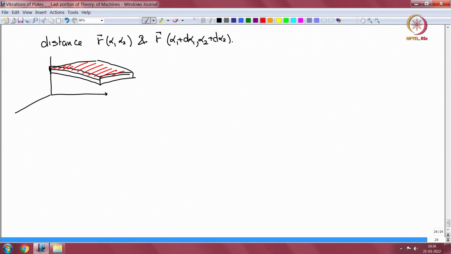There is a material around the middle surface that makes up for the thickness or solidity. So, R now refers to a point on the middle surface which has coordinates alpha 1 and alpha 2.